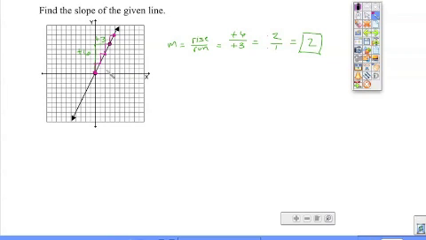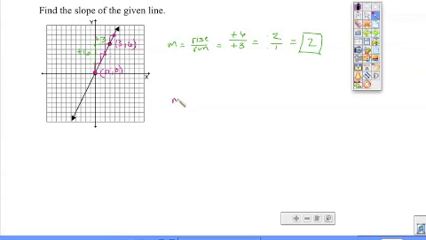If I didn't want to do it that way, I could have used the formula as well. This is the point (0, 0). This is the point 1, 2, 3, then 1, 2, 3, 4, 5, 6. So this is the point (3, 6).